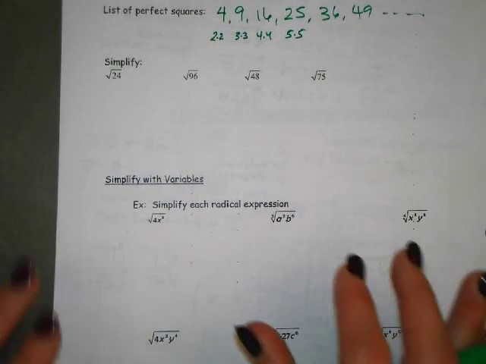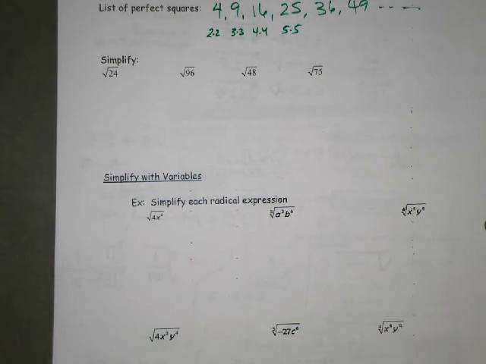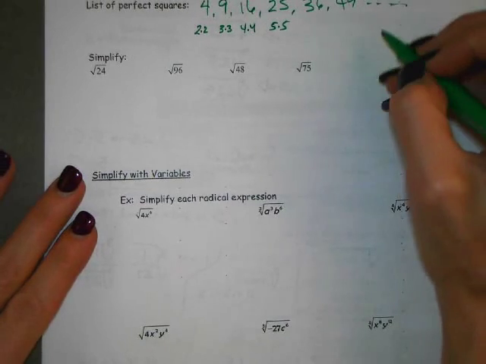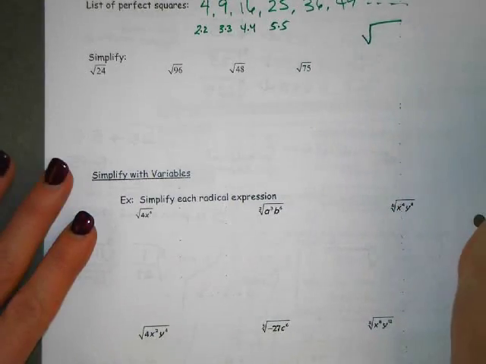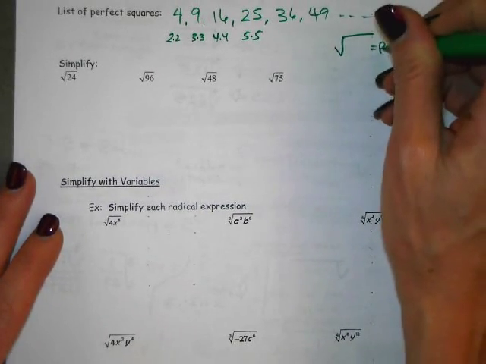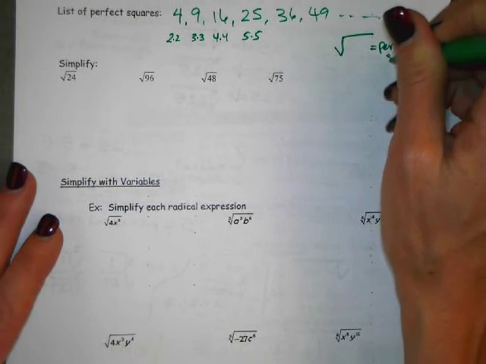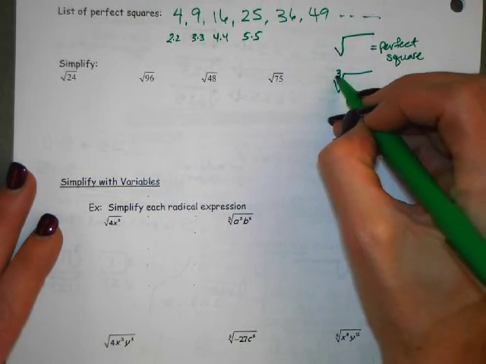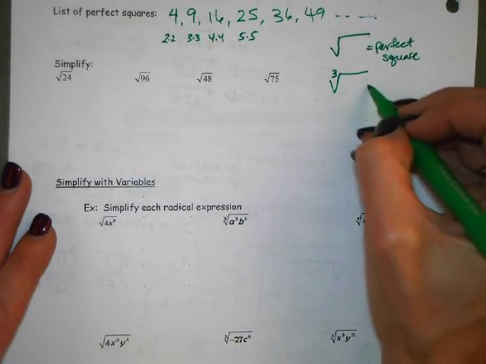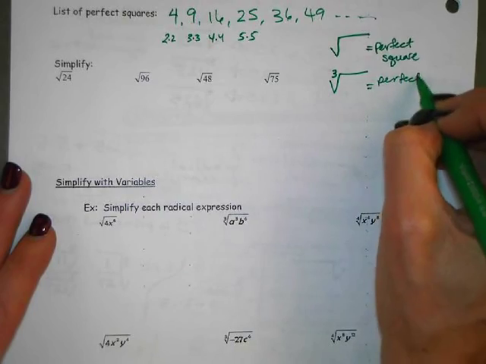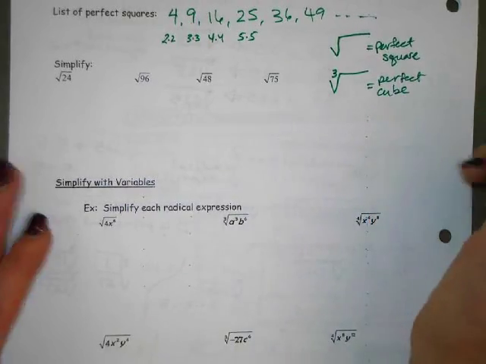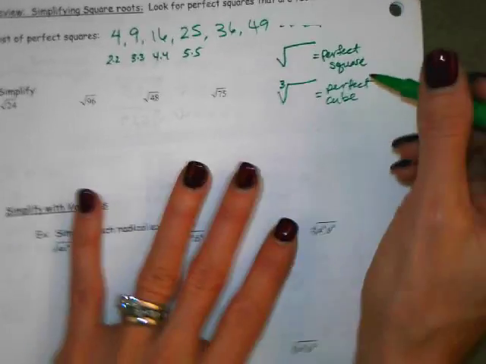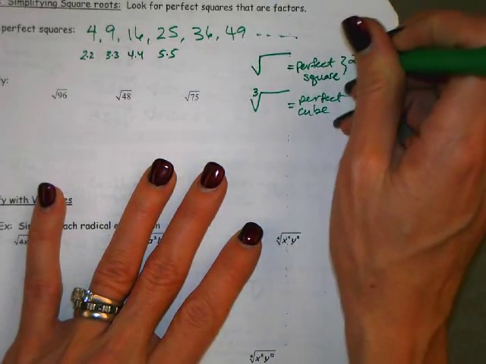Okay? So our goal when we're working with a radical sign is to find the perfect square, cube, fourth, depending on what you're looking at. If I see a radical sign like this, I'm looking for the perfect square. If I see a radical sign with a cubed, the 3, I want to find a perfect cube. Or if I don't find a perfect square, I'm looking for 2 of a kind.